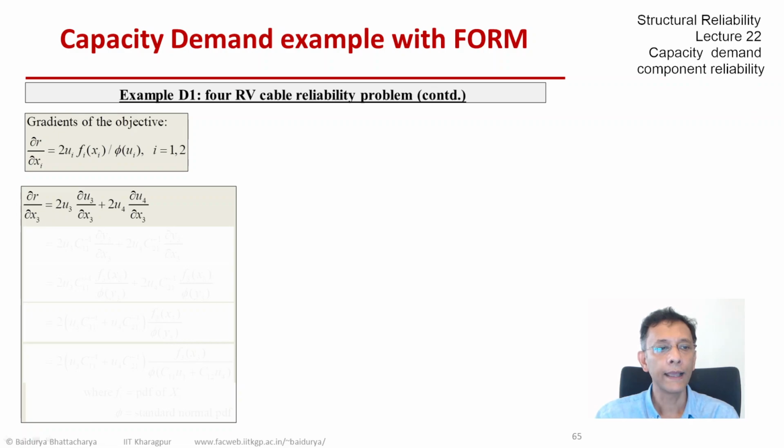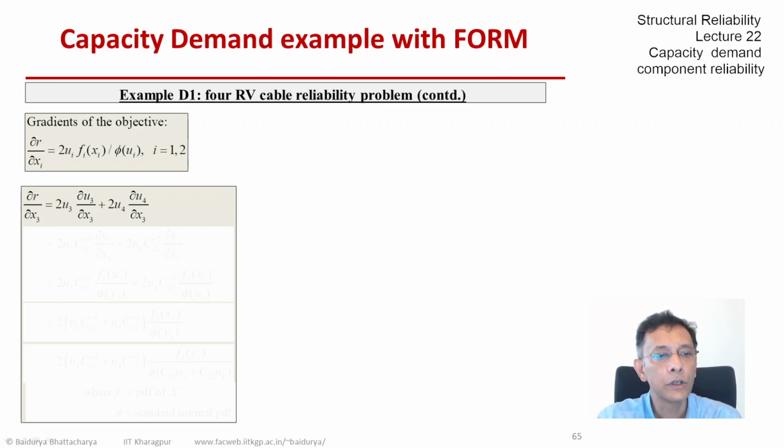Now for x3 and x4, we need to take into account that there is a dependent structure. So let's proceed step by step. The partial of r with respect to x3 now involves both u3 and u4 because they are related, as we saw in the previous slide.